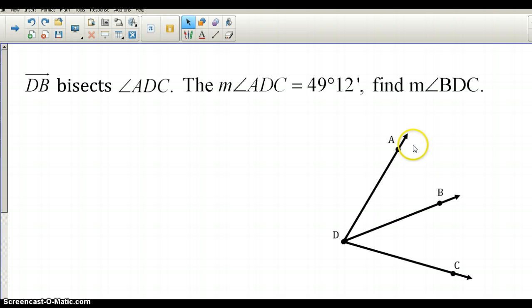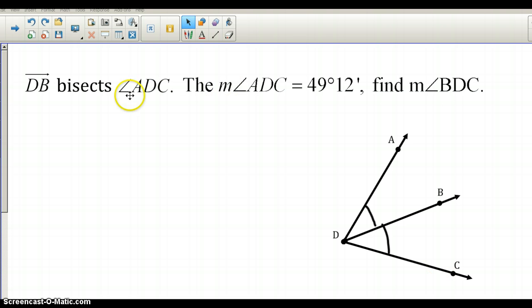Last problem. BD bisects. Hopefully you remember what bisects means. ADC. So if ADC, the big angle, is 49 degrees and 12 minutes, find BDC, which is here. So first thing I would do, if I know these are bisected, I would put angle symbols, so that shows me those two angles I know are congruent.